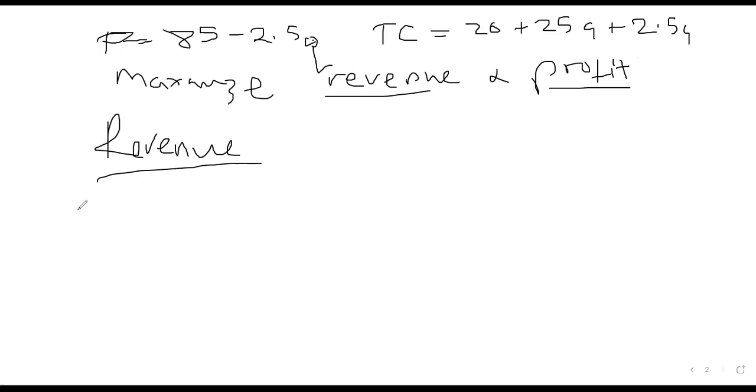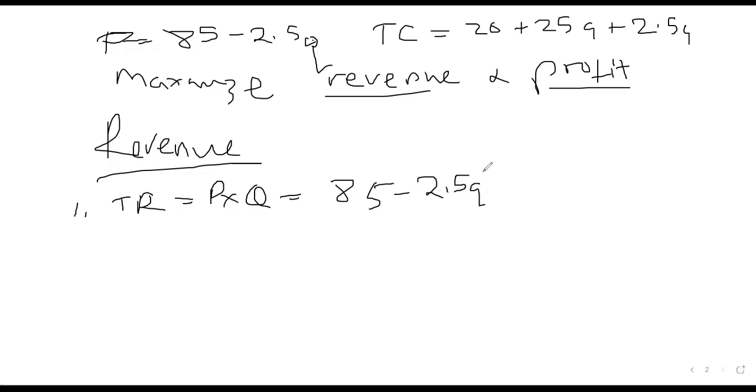Step one, find that particular function, which is the total revenue. How do you find total revenue? Ronnie? Price times quantity. So what is our price? It's 85 minus 2.5Q.